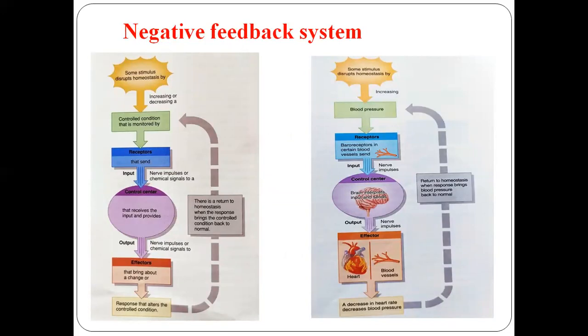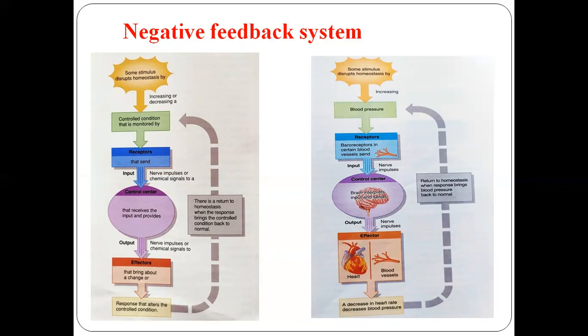A negative feedback system receives a change in a controlled condition. Now consider the regulation of blood pressure. Blood pressure is the force exerted by blood as it presses against the wall of the blood vessel.